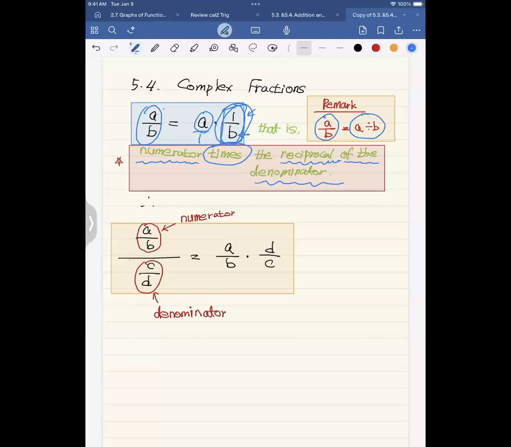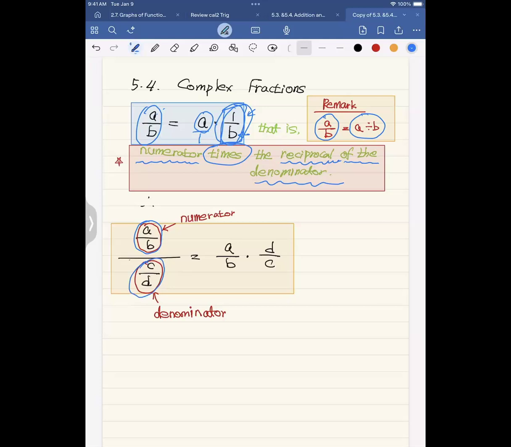Let's consider the complex fraction a over b over c over d. In this case, a over b is the numerator and c over d is the denominator.